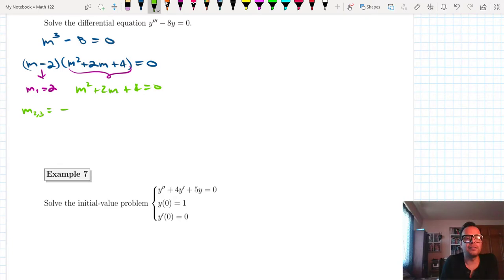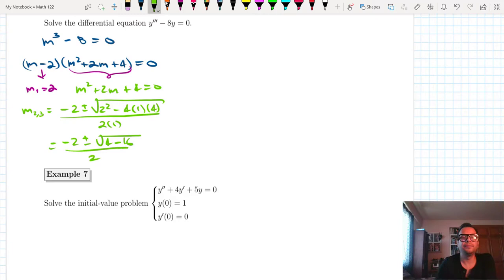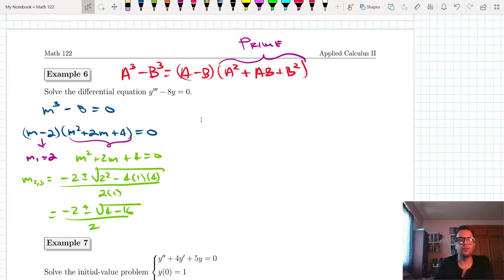So negative 2 plus or minus the square root of 2 squared minus 4 times 1 times 4, divided by 2 times 1, which is negative 2 plus or minus the square root of 4 minus 16, which is, let me actually go up here.